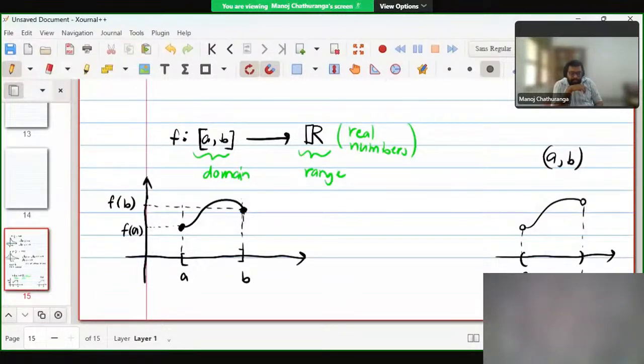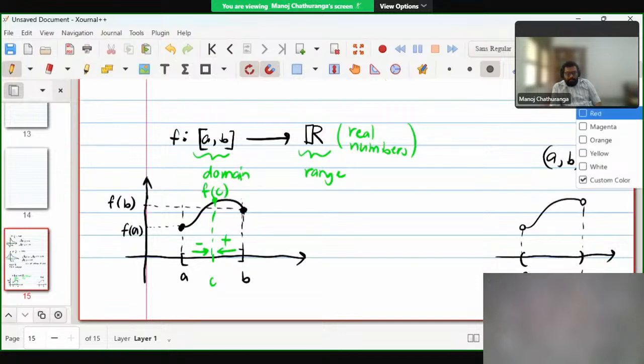If I take some point c in the middle, we can look at the left limit and right limit of the function at that point, and if those two values are equal to the function value at that point, we can say it is continuous at c. Now, let's think about an endpoint. Let's think about the point A. To approach the point A, we don't have two different ways.